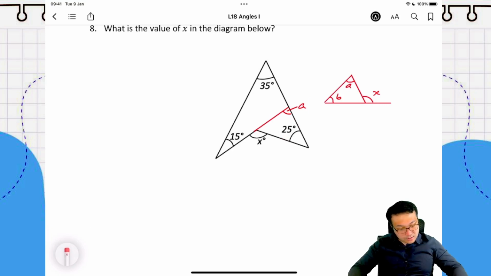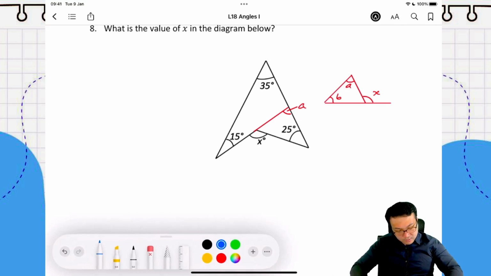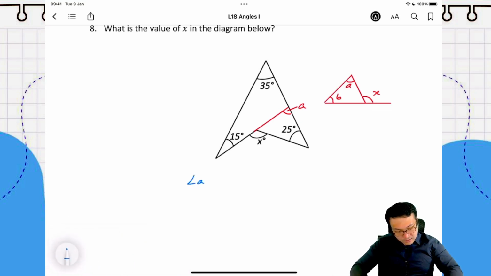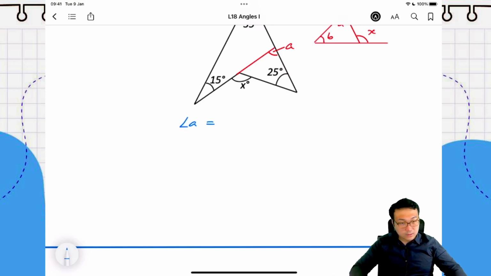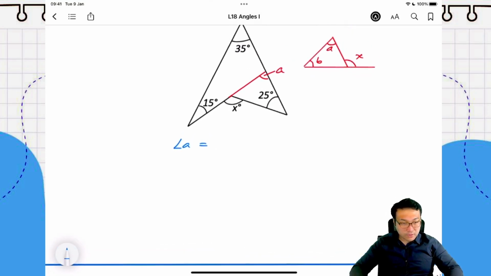And how do I find angle A? Everybody, can you type in the chat what is angle A? Can everybody find what is angle A for me? Right now. Angle A equals how much? Yes, correct, students.